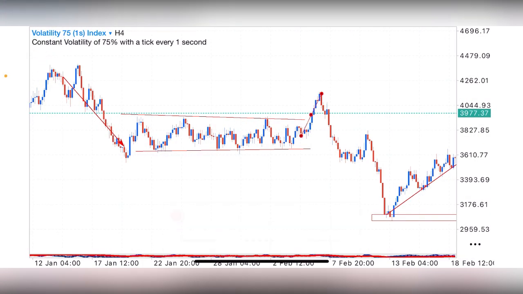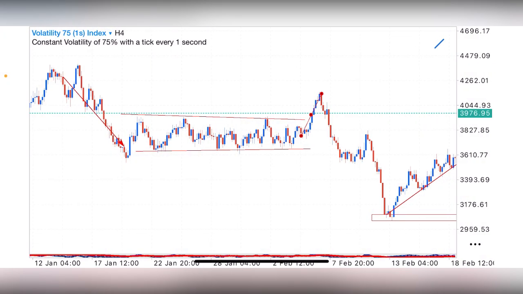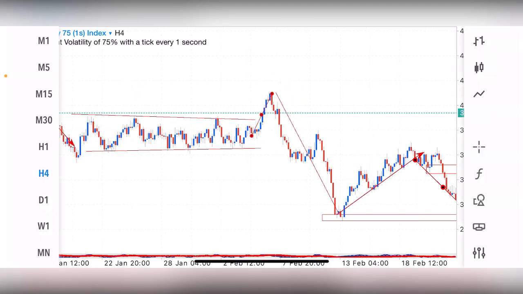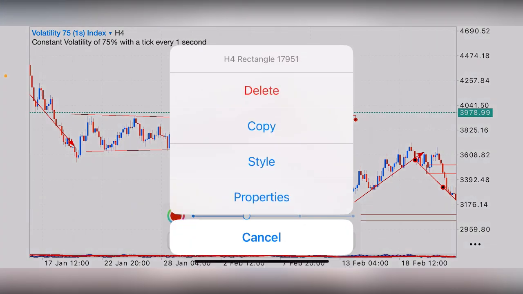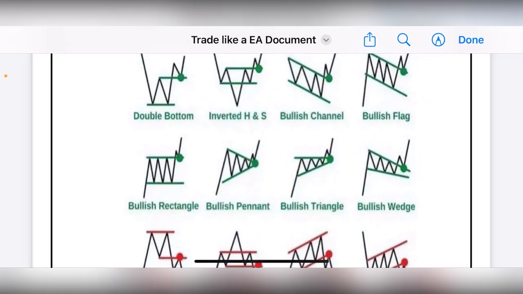You see, it acted like it's going out to the upside, but eventually we ended up getting something that was going down, you see. It also created a head and shoulders right there. So you just need to observe, it's always the same thing that is on this document that is going to come.